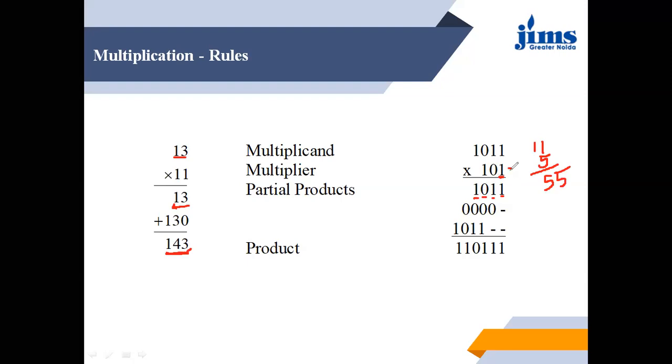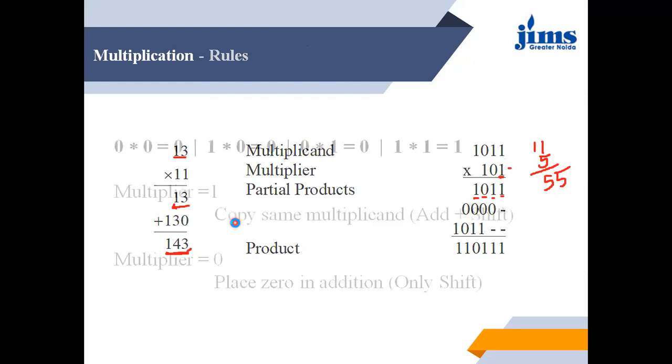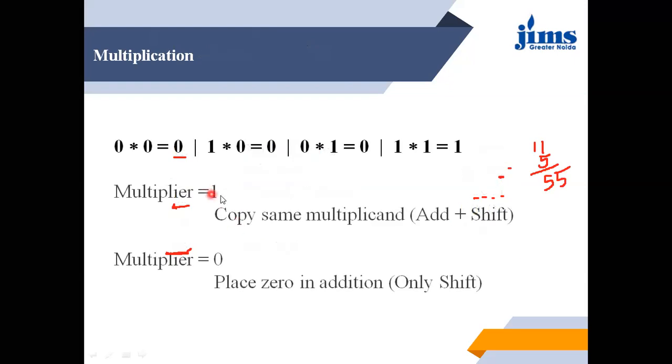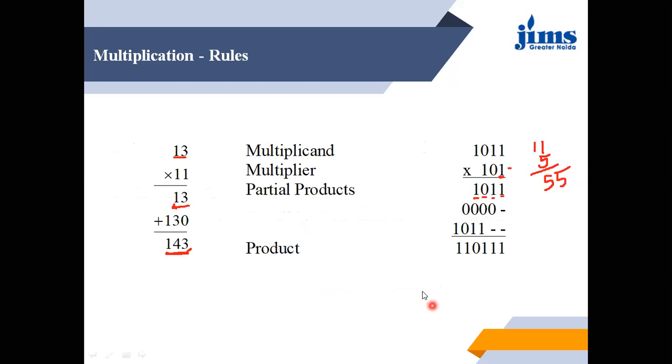So you can see that when I multiplied the multiplicand by 1, I get the same number. As I told you, when we multiply by 1, the partial product is the same number as the multiplicand, and after that we have to shift. And in case of 0 we have to shift only.